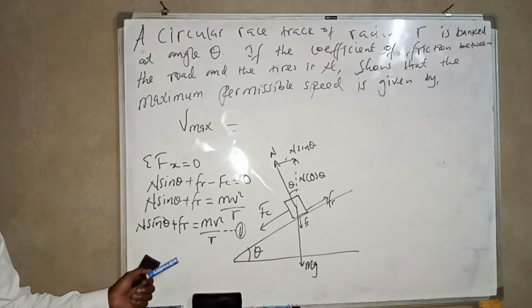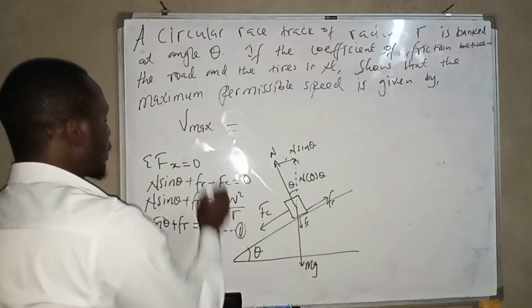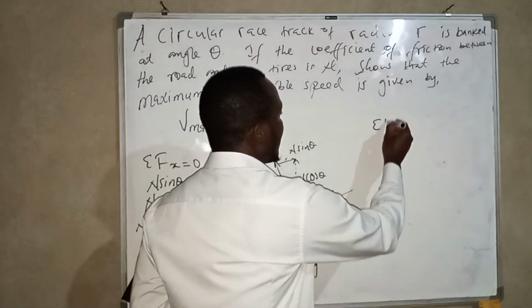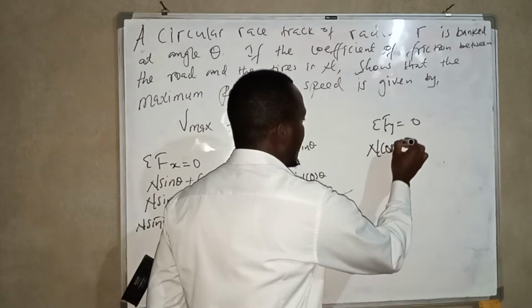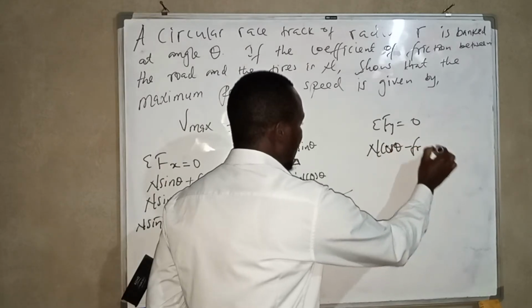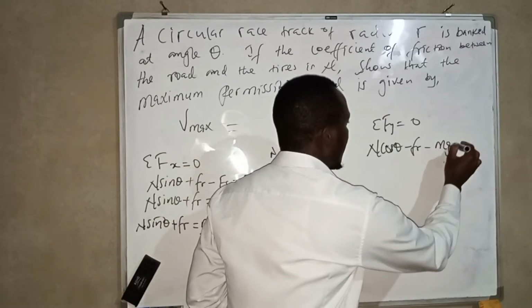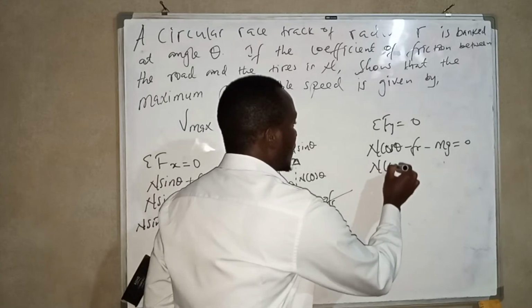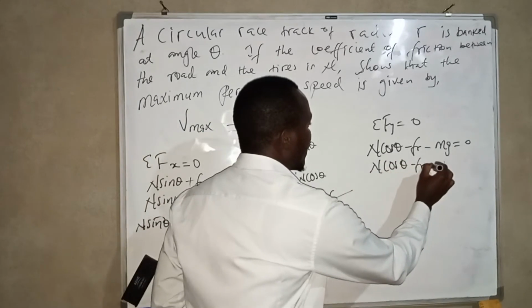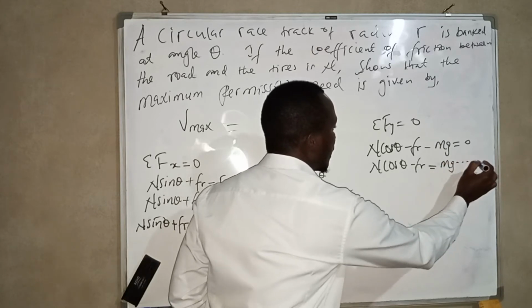Let us also proceed to the second. Let us do summation of forces in y. The summation of forces in y must also be equal to 0: N cos theta minus Fr minus mg is equal to 0. So we have N cos theta minus Fr is equal to mg.